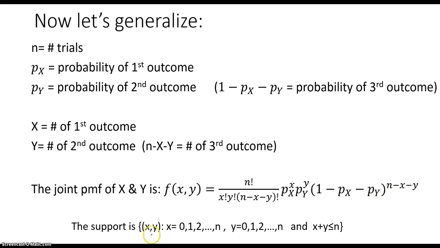And the support, as I have here, is the set of all x, y pairs such that x is an integer between 0 and n, y is an integer between 0 and n, and x plus y has to be less than or equal to n.